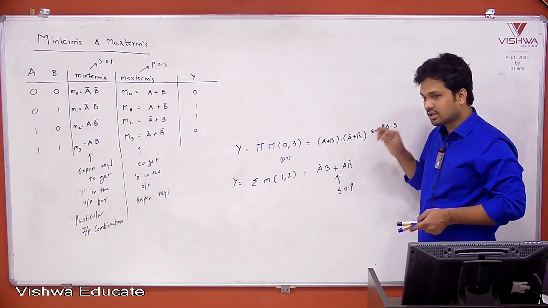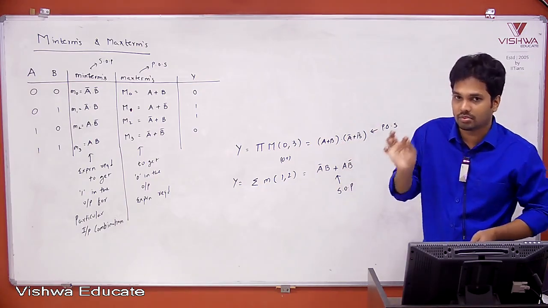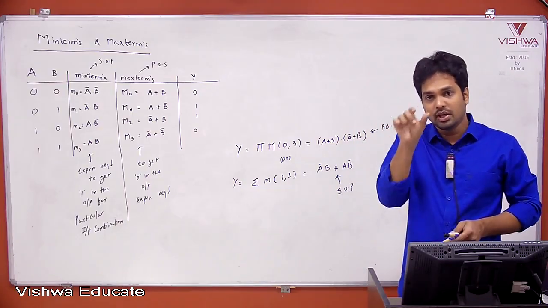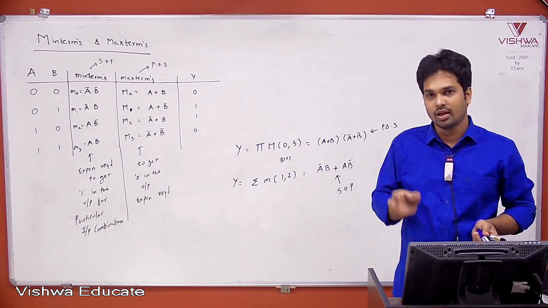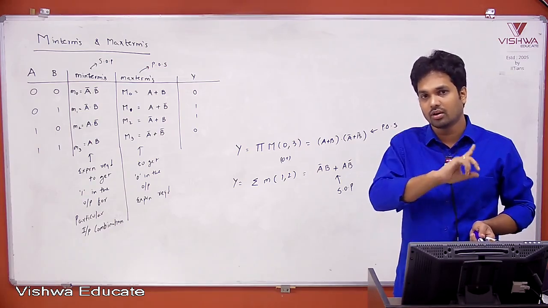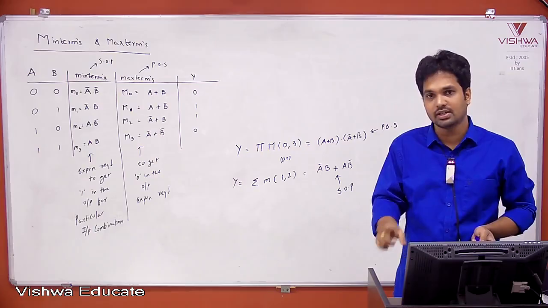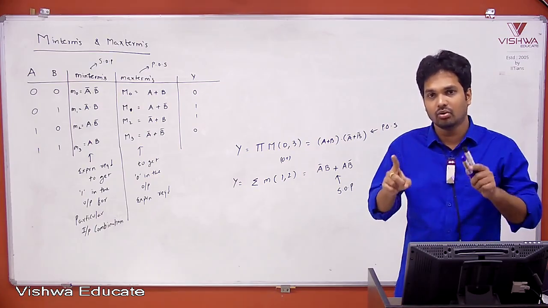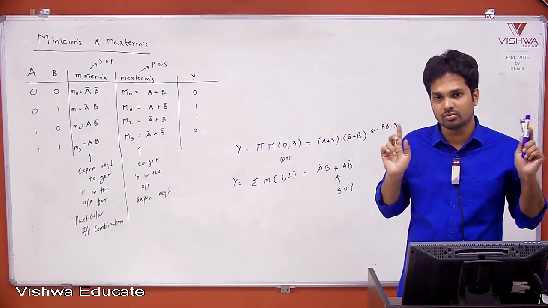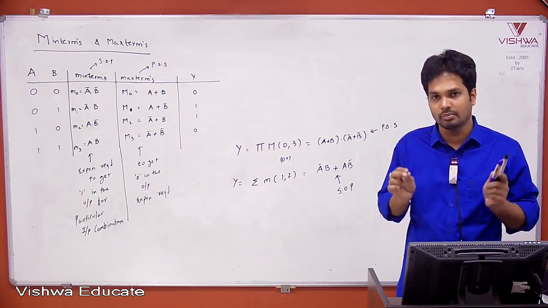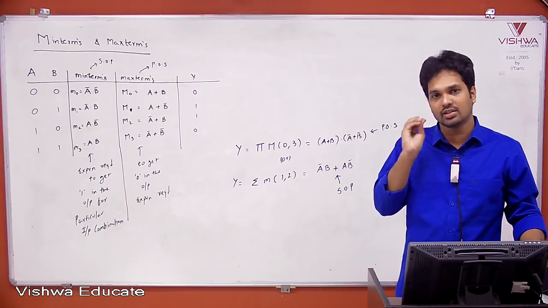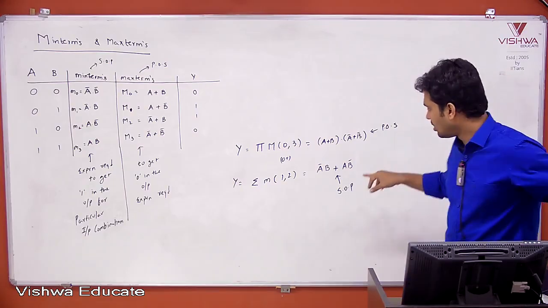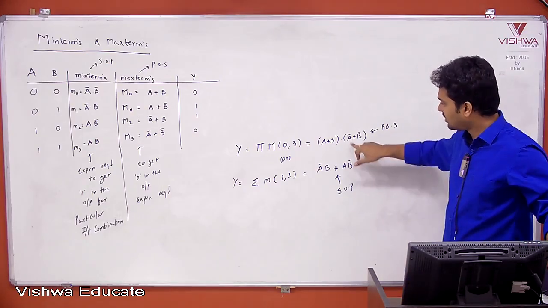This is the XOR gate in the POS and SOP. Both represent the same function. Very, very important point. Please remember, SOP and POS both are not complementary. Both represent the same function in two different ways. You can solve this, you get this, or you can expand this, you will get it.